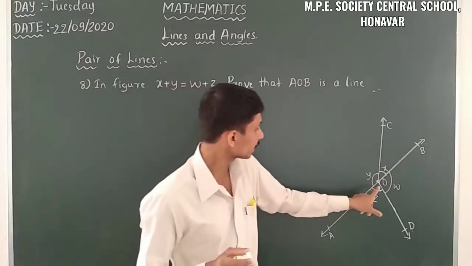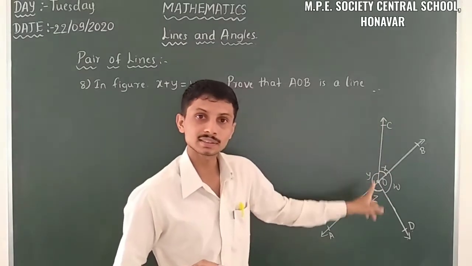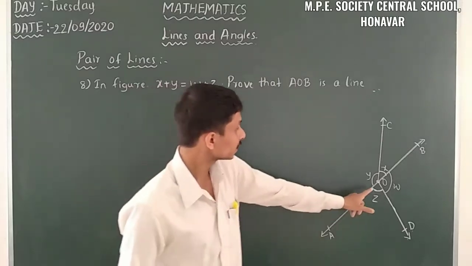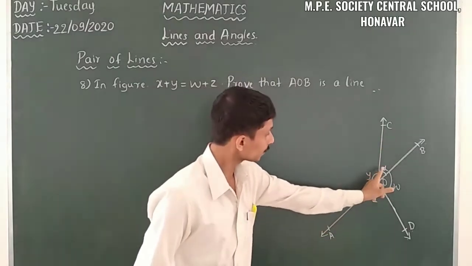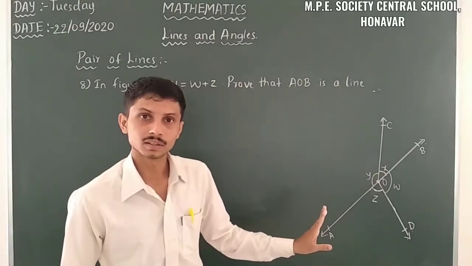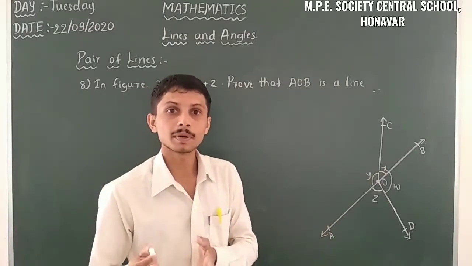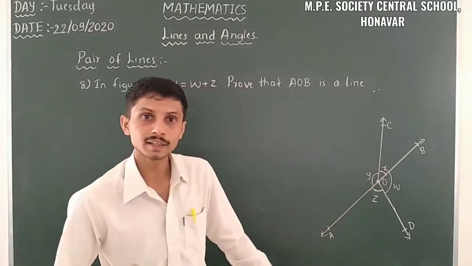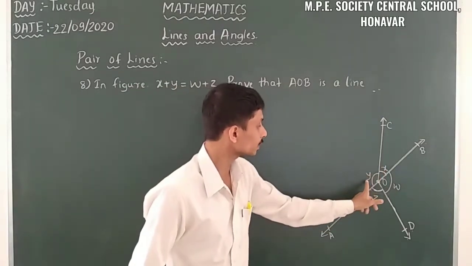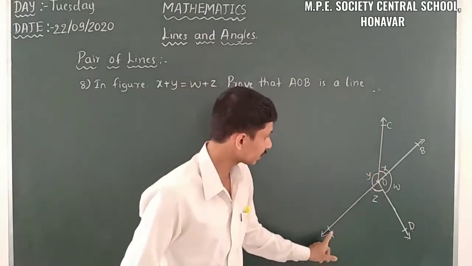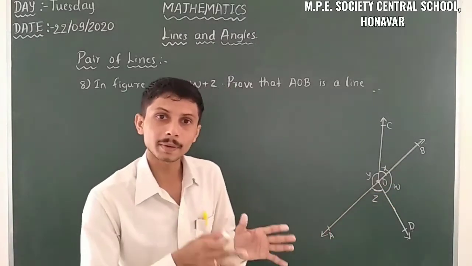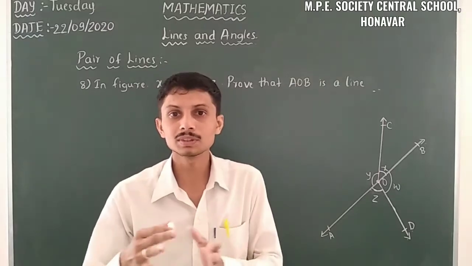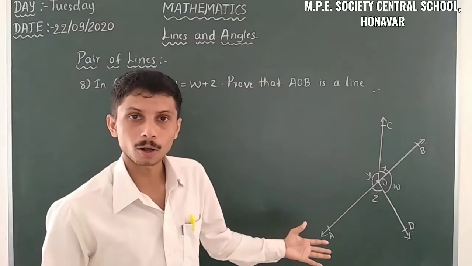Here OC stands on the line AOB; when AOB is a line and OC stands on it, then x plus y is equal to 180 degrees. That is axiom 6.1. But here we have to prove x plus y is equal to 180 degrees, and then we can take AOB as a line. So it's the converse of axiom 6.1. We have to take axiom 6.2, the converse of axiom 6.1, to prove this problem.